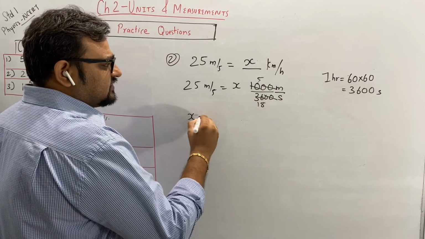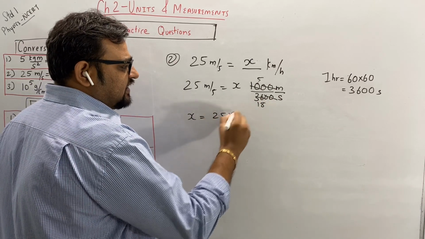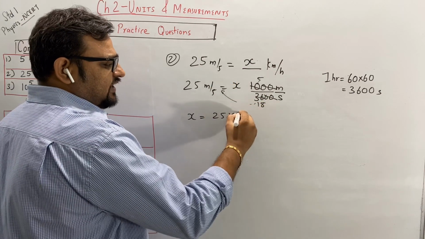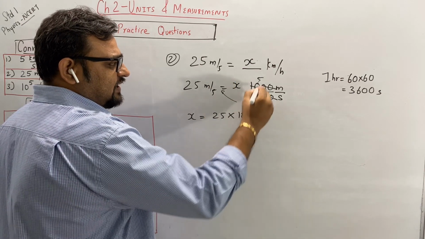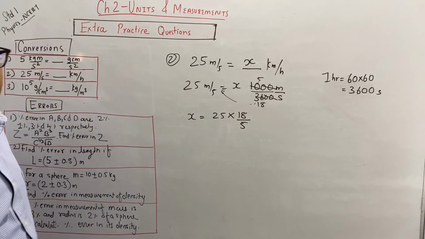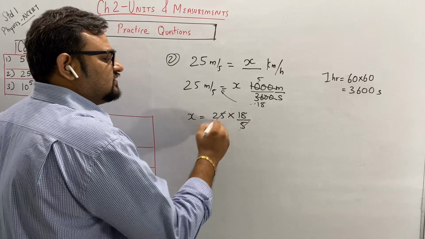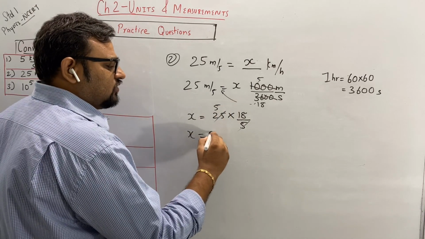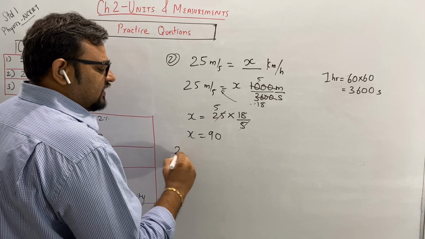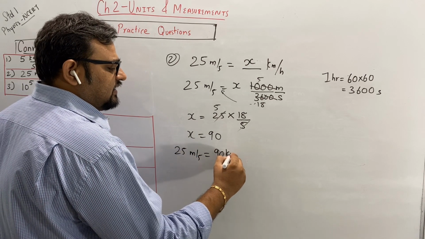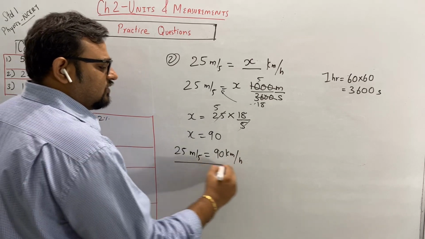So x is equal to 25 into, when I put it here, 18 is divided, so it's multiplied; 5 is multiplied, so it will be divided. 18 by 5. Five fives are 25, so x equals 90. So 25 meter per second equals 90 kilometer per hour.